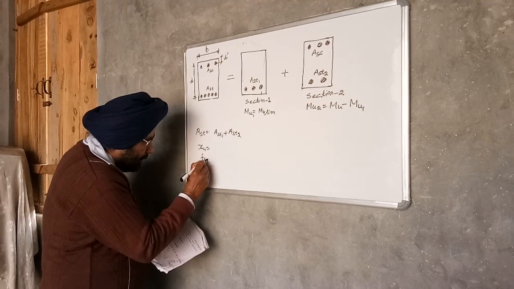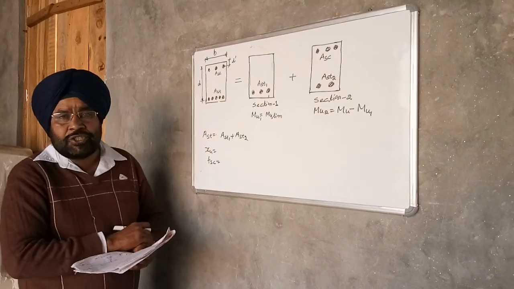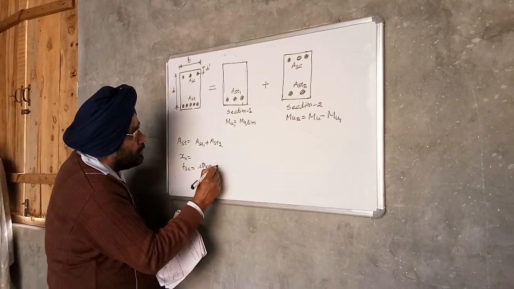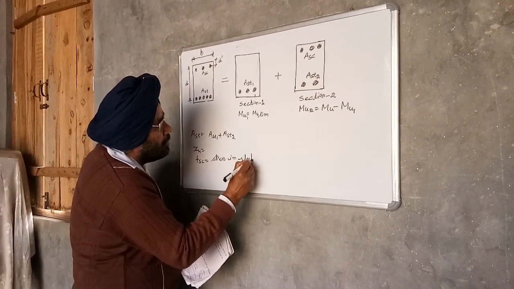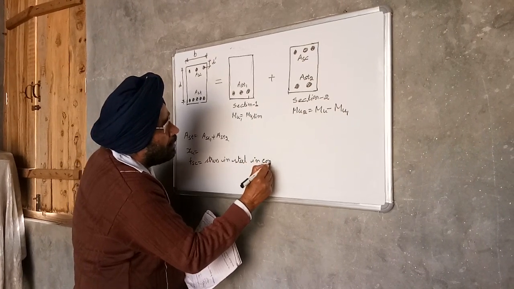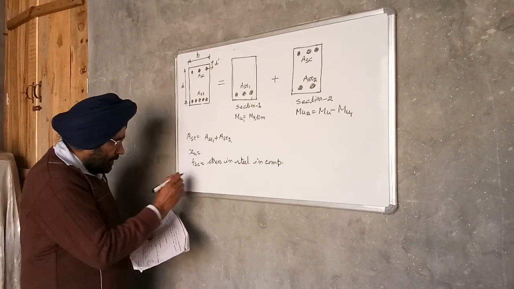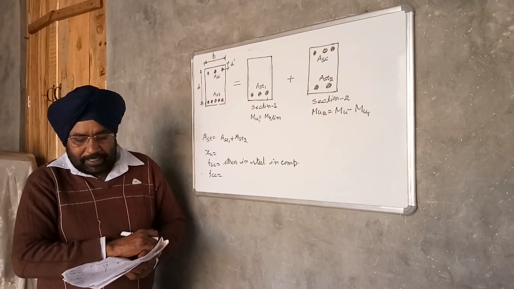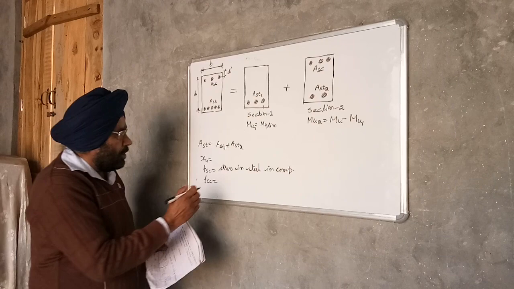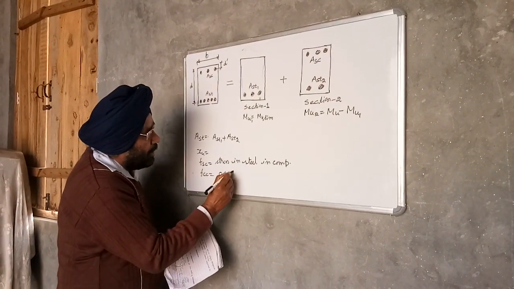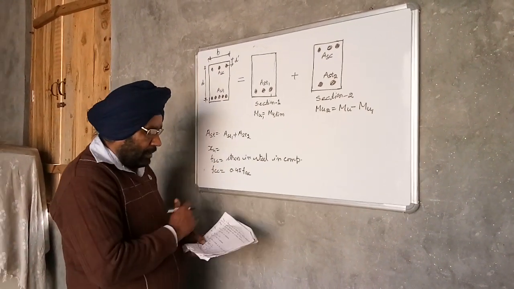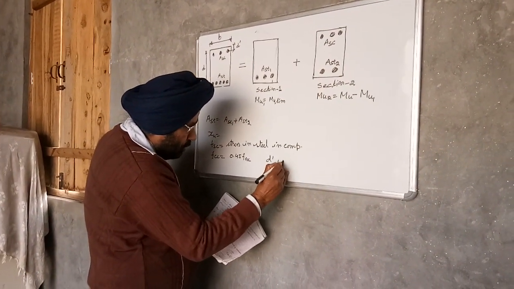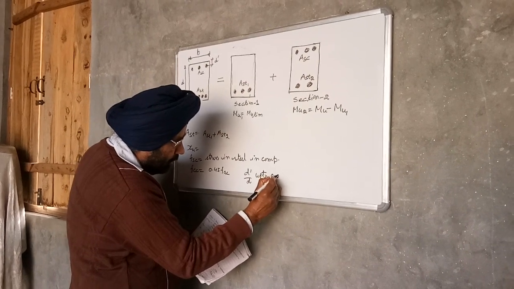Fsc is the stress in steel in compression. Fcc is the compressive stress in concrete at the level of compression steel. Its value is 0.45 fck for d dash upon d up to 0.2.